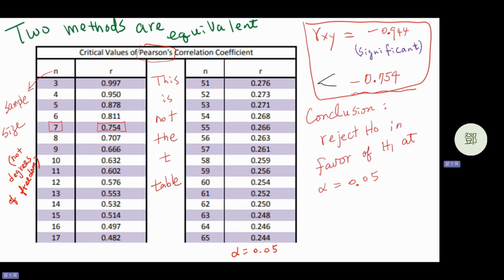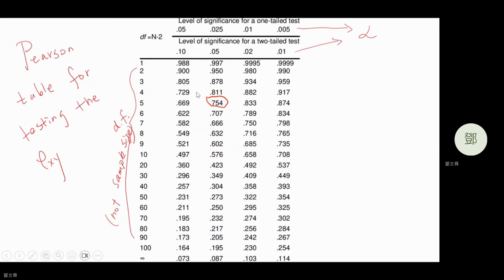This table is a little different from this one. This table can be used for other values of alpha: 0.1, 0.05, 0.02, 0.01.